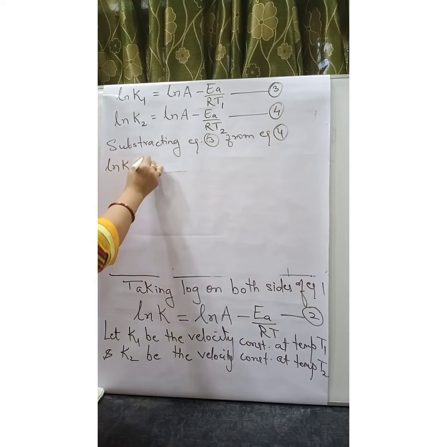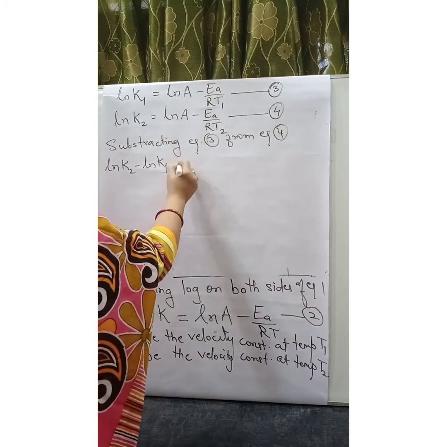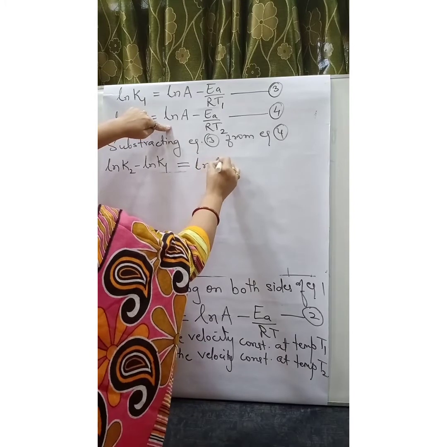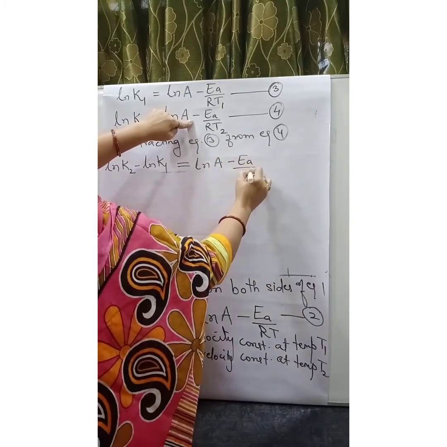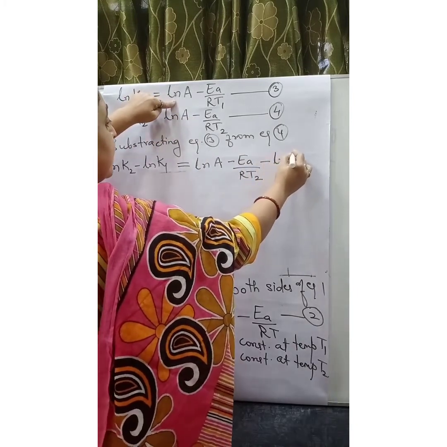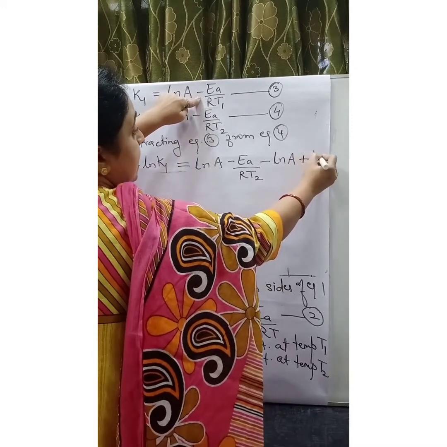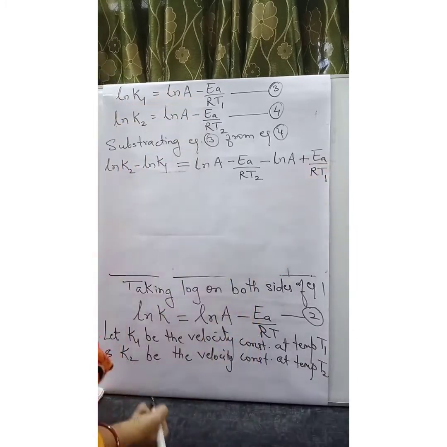ln k2 minus ln k1, subtracting the left hand side as well as the right hand side, is equal to, first I will take this ln A minus Ea upon RT2. Now I will subtract this ln A; minus and minus will become plus Ea upon RT1.